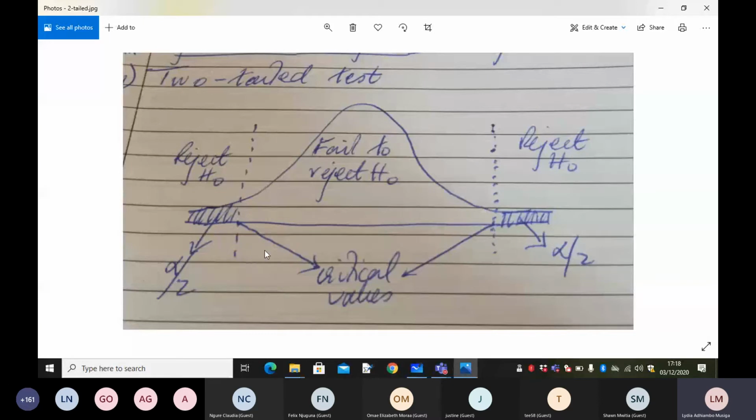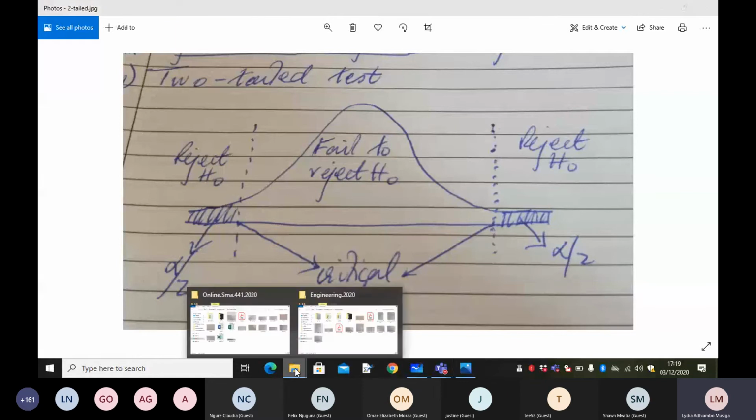Or we will say that, because it has fallen in the non-rejection region, then we fail to reject H0. So this is for a two-tailed test.